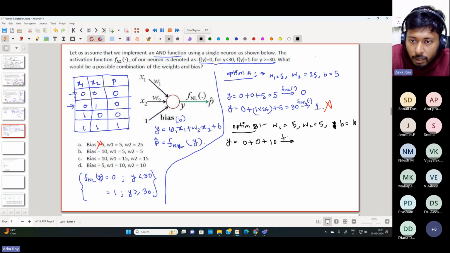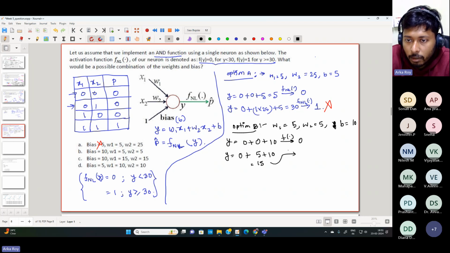If you apply the nonlinear function, obviously you will get 0. Now the second case, where 0, 1 exists, it will be 0, then 1 into 5, which is 5, and then 10. So the total is how much? 15.